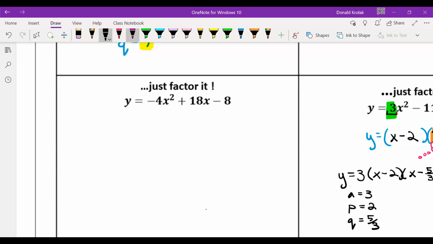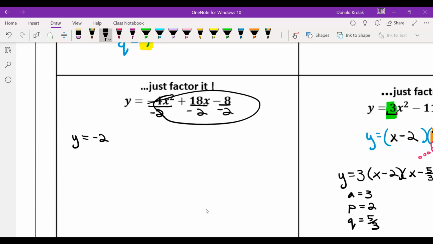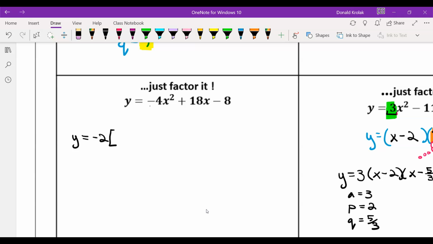I don't write this, but in my head, what I'm doing is dividing this term by, since that's a leading negative, by -2, by -2, by -2. That's what's going on in my head. So when I do that, I write -2 out front. Then everything gets divided by -2.